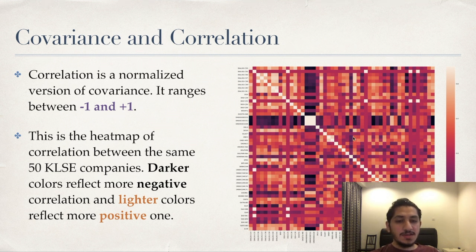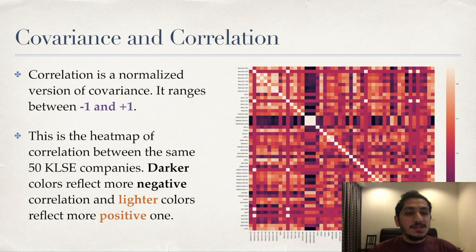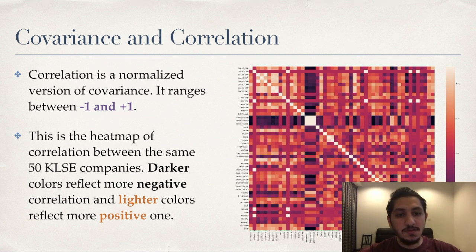So here is the heat map of all 50 KLSE companies. In this case, when the color is darker, this means that the correlation is more negative, and when the color is lighter, this means that the correlation is more positive. In this plot, we see that there are companies with really high correlation.